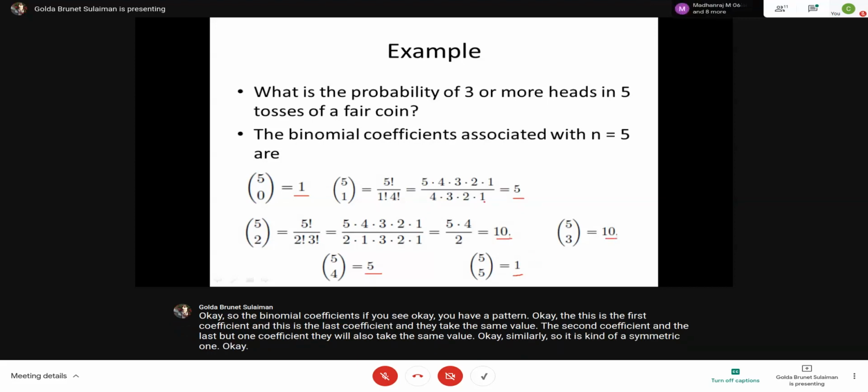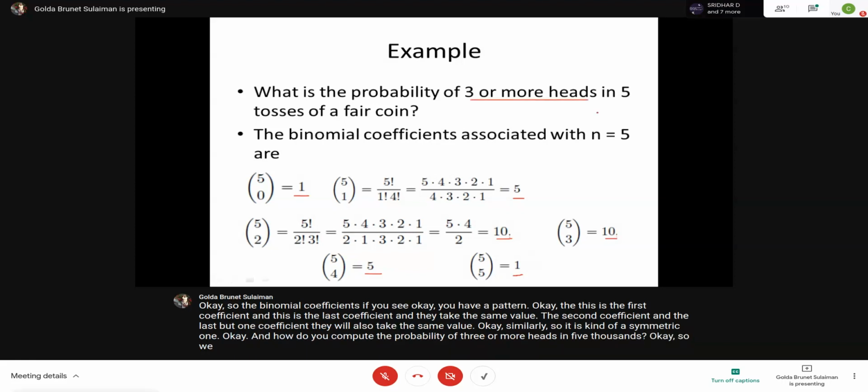And how do you compute the probability of 3 or more heads in 5 tosses? We want P of x taking 3 or greater, so x greater than or equal to 3 is what we are interested in.